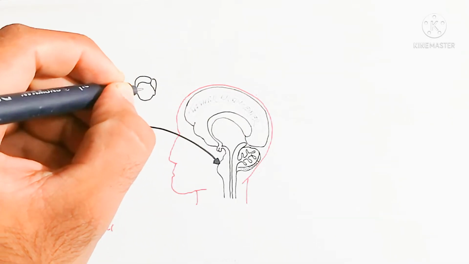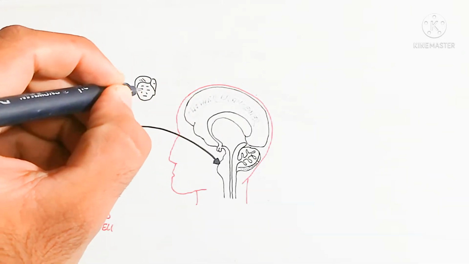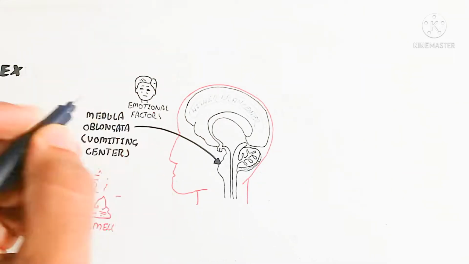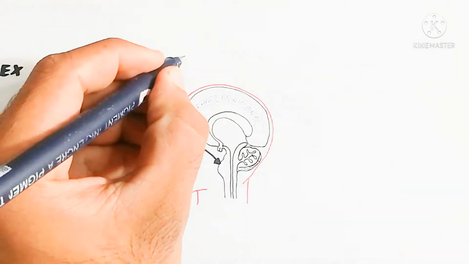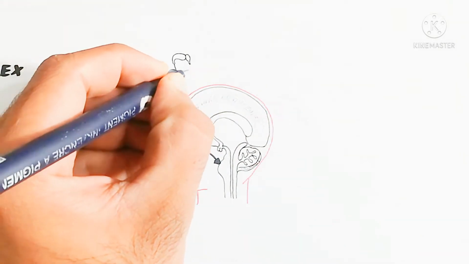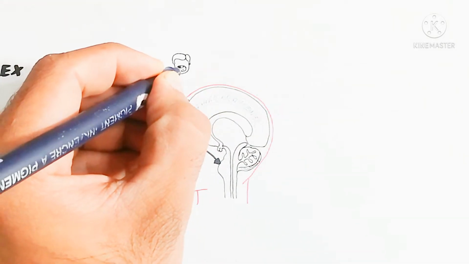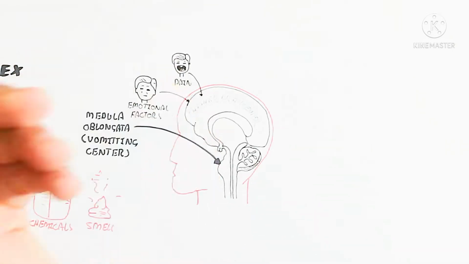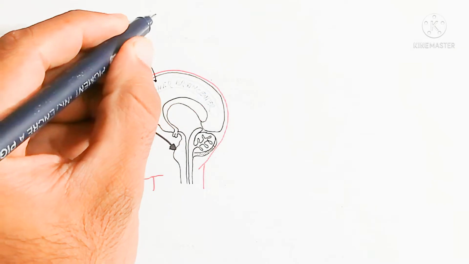Here are the emotional factors. Emotional factors lead to increased sensitivity of the higher brain cortex through the sympathetic nervous system, which triggers vomiting through stimulation of the medulla oblongata.